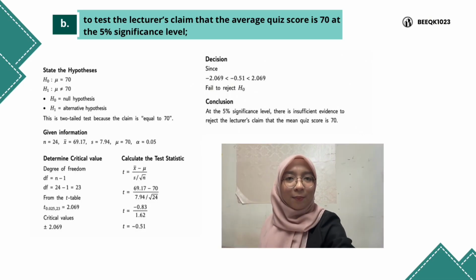Step 5. Make the decision. The rejection region is t less than negative 2.069 or t greater than 2.069. Since negative 2.069 is less than negative 0.51, which is less than 2.069, the test statistic falls within the acceptance region. Therefore, we fail to reject the null hypothesis.